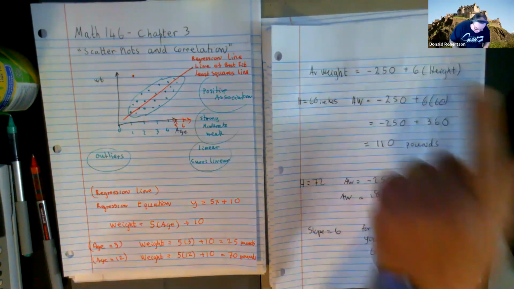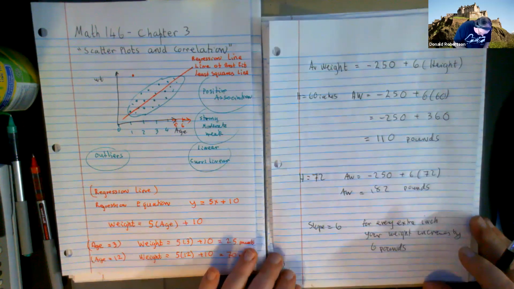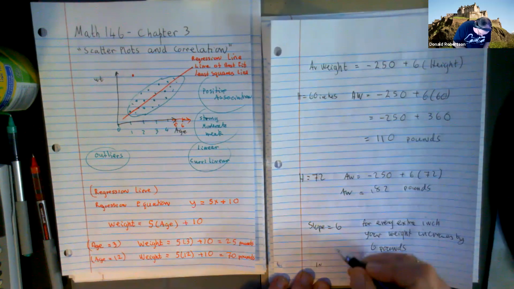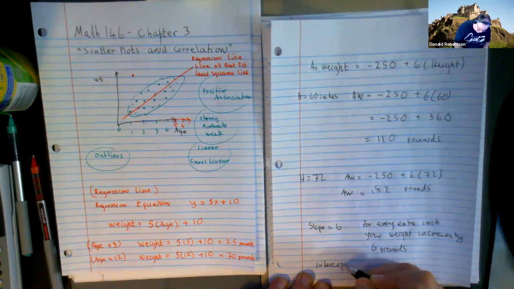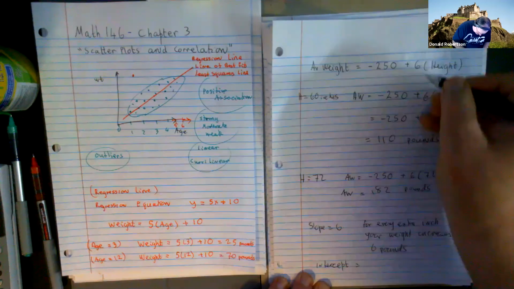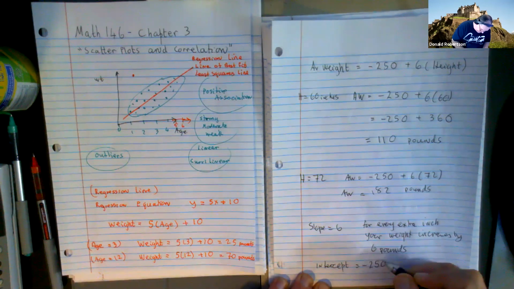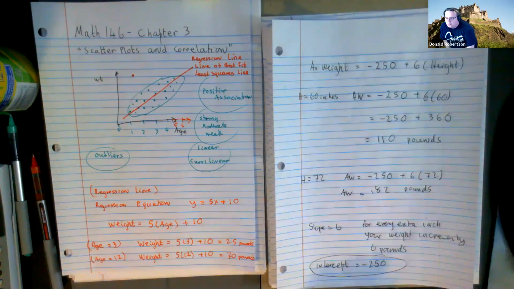Now, I did say, and I'm pretty sure I said it every time, that most of the time, but not always, these two numbers have a meaning. Here is a situation where the intercept has no meaning. Would you agree? Technically, it's the weight of a person whose height was 0. But negative 250 pounds is totally nonsensical. Would you agree that that just doesn't make sense?